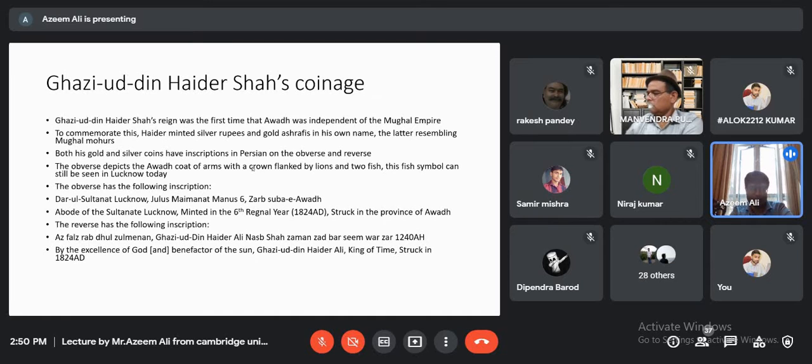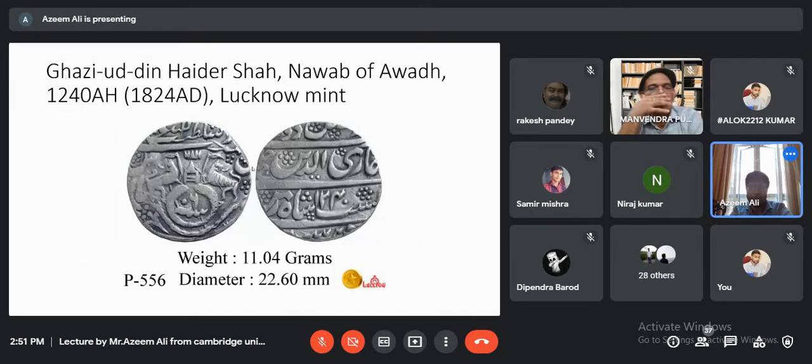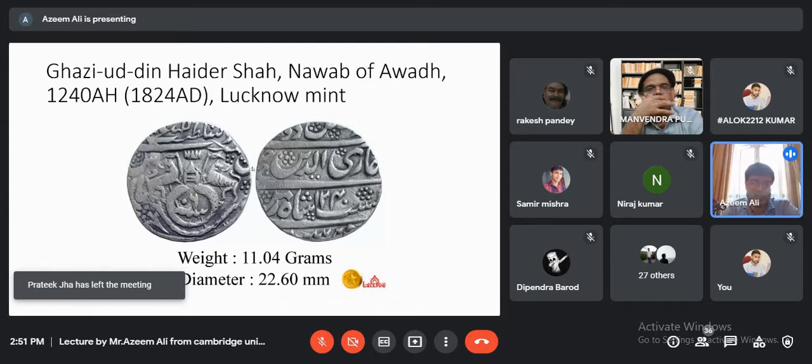And the reverse has the following inscription: Az fazl Rabb-ul-Zulmanan, Ghazi-ud-Din Haidar Ali Nasr Shah Zaman, in 1240 Hijri. By the excellence of God and benefactor of the sons, Ghazi-ud-Din Haidar Ali, King of Time, struck in 1824 AD. And this is one of the silver rupees of Ghazi-ud-Din Haidar Shah, struck in Lucknow in 1824 AD.